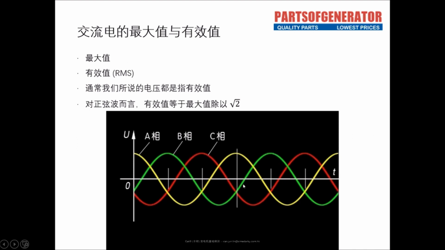Excitation methods can be divided into three types: self-excited, internal excitation, and permanent magnet, external excitation. The third aspect is the automatic voltage regulator. Automatic voltage regulators are divided into analog and digital types.